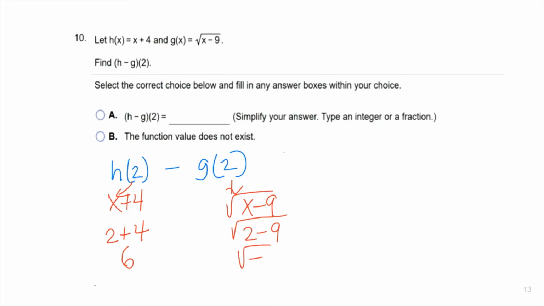So this function value does not exist, because we have this negative in here, there's nothing else I can do for now. It's not a real number. So after doing all this work, the answer would be the function value does not exist.